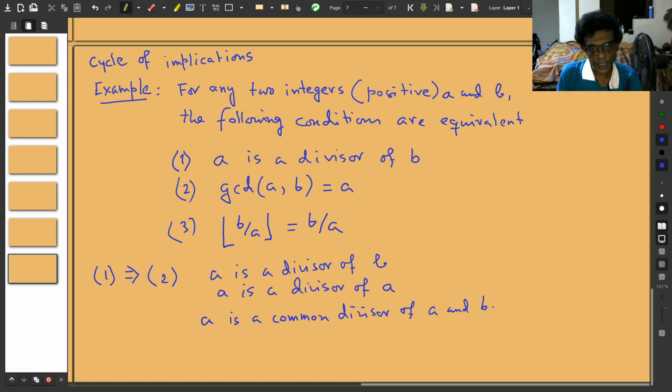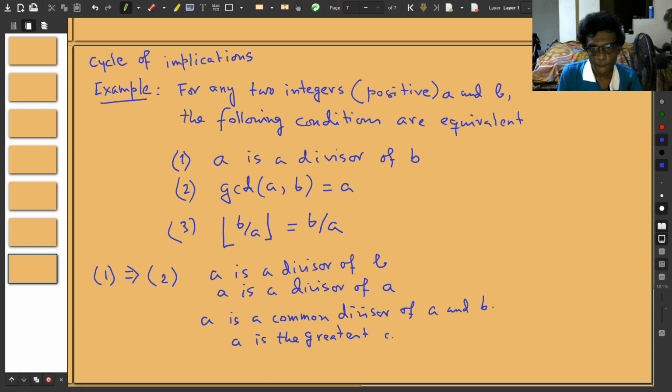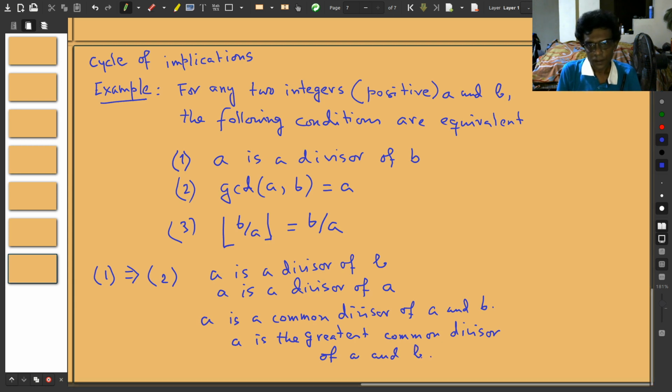No divisor of A, or for that matter common divisor of A and B, can be larger than A itself, but A is already a common divisor, and therefore it follows that A is the greatest common divisor of A and B. Okay. So, this is one part of the proof.